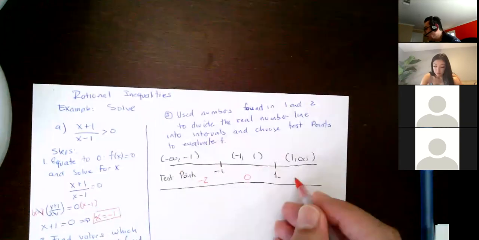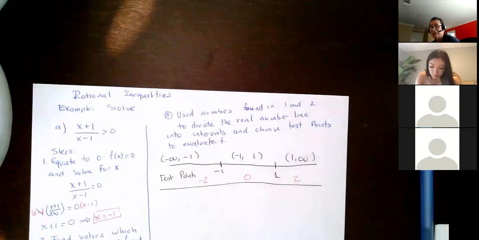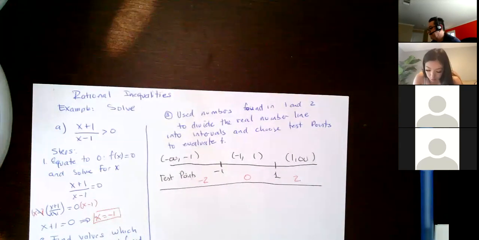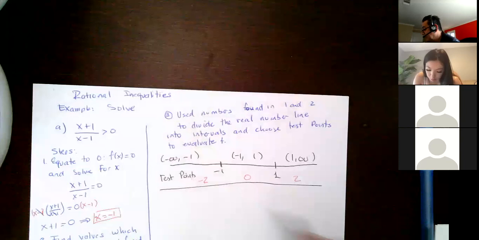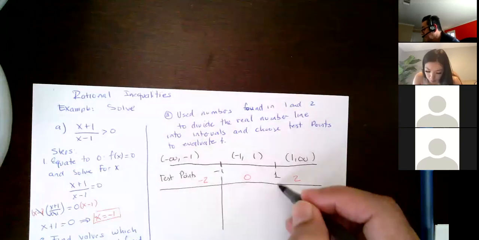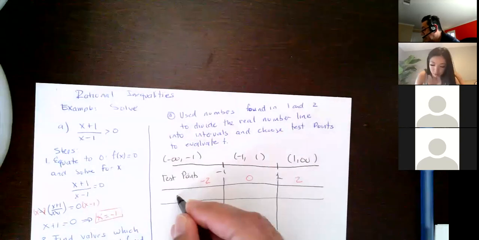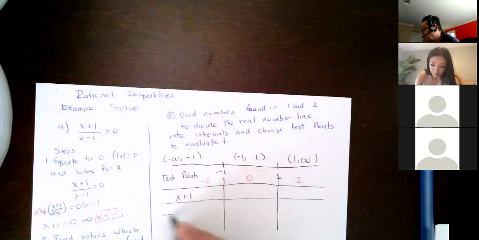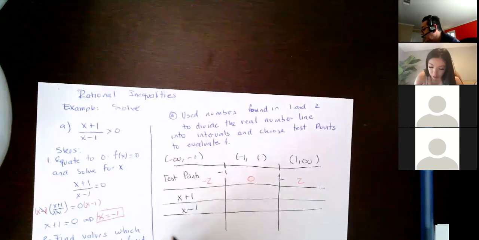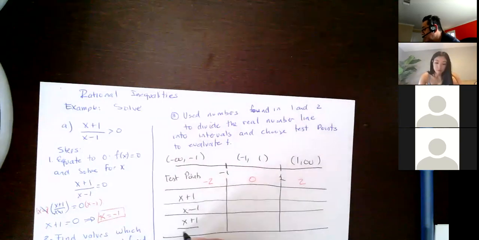And here I could plug in 2 or 5, any easy number. Here I can write x plus 1. Here, x minus 1. And the last one, I can write x plus 1 divided by x minus 1.